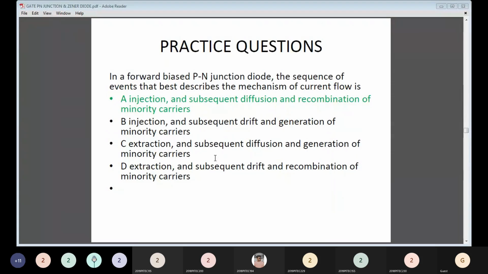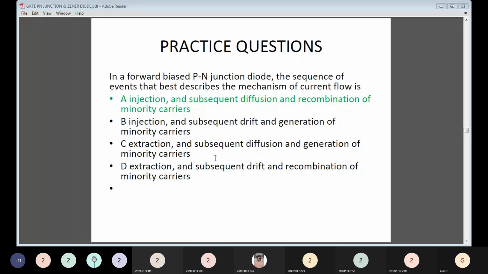The correct answer is injection and subsequent diffusion and recombination of the minority carriers.